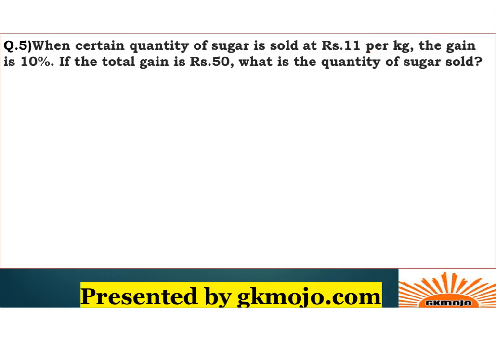Let's have a look at the next question. When a certain quantity of sugar is sold at rupees 11 per kg, the gain is 10%. If the total gain is rupees 50, what is the quantity of sugar sold? All right. So when the SP is rupees 11 per kg, profit is equal to 10%, right? So you can easily find out the cost price by using the formula 11 upon 1.1.